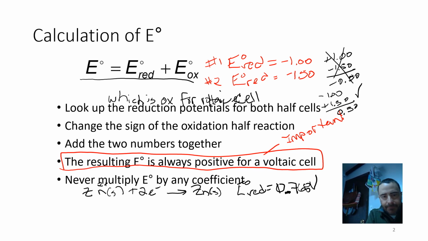It was close to that. All right, and this would be negative because it's a reduction. All right, negative 0.768 volts.